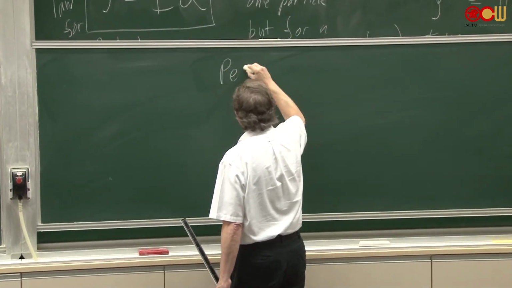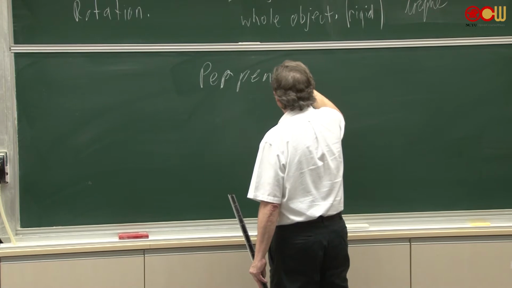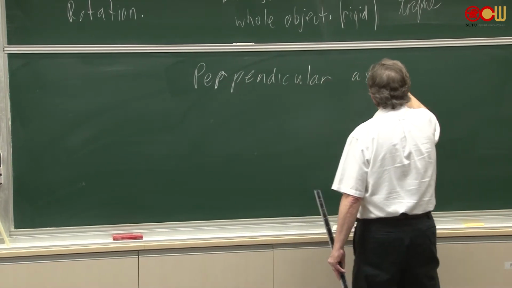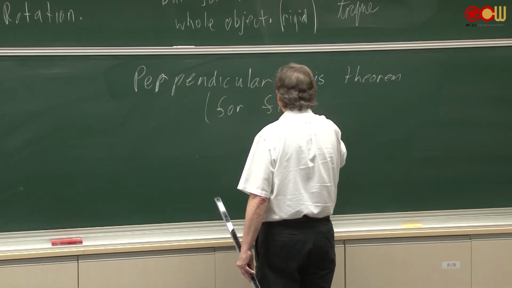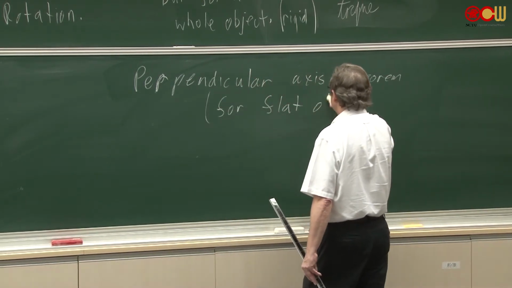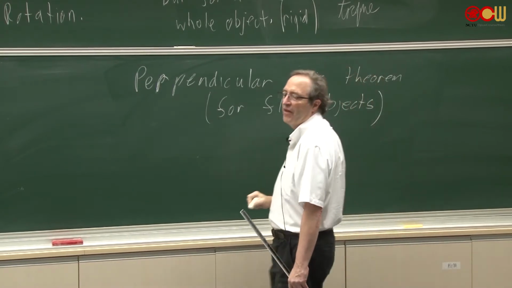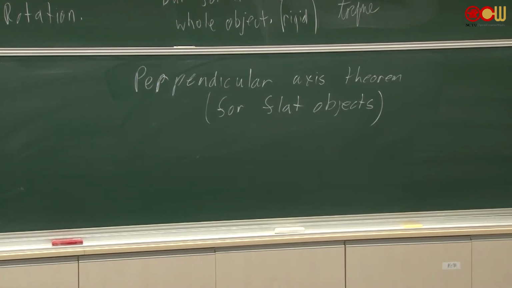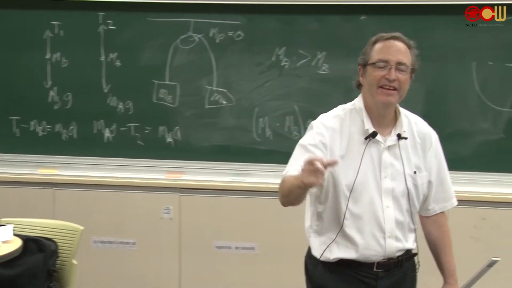So it's called the perpendicular axis theorem. And this is for flat objects. It's only relevant for flat objects. All right? That means thin, like a piece of paper, or a disk, or I don't know, like a CD.